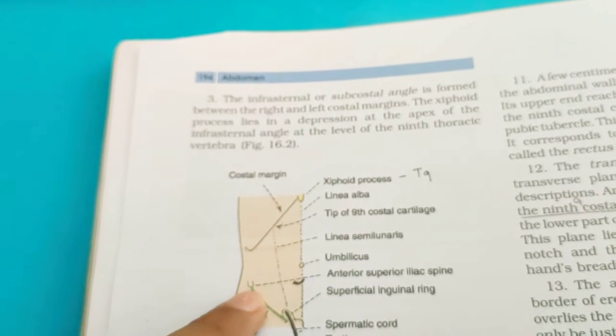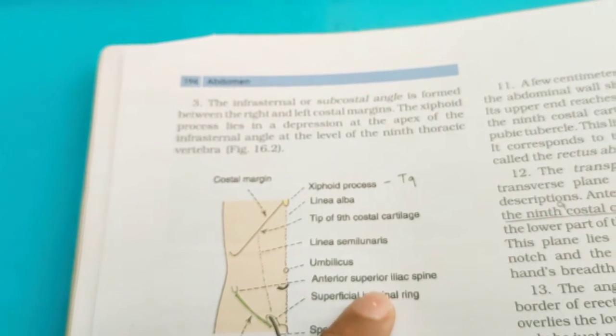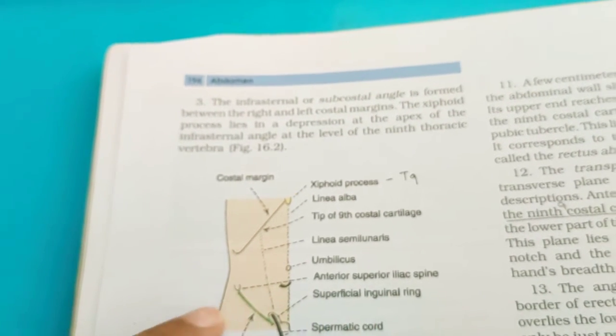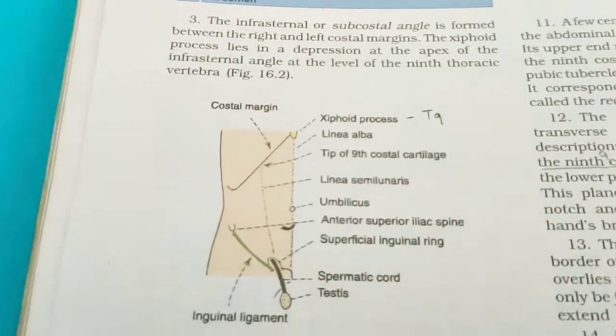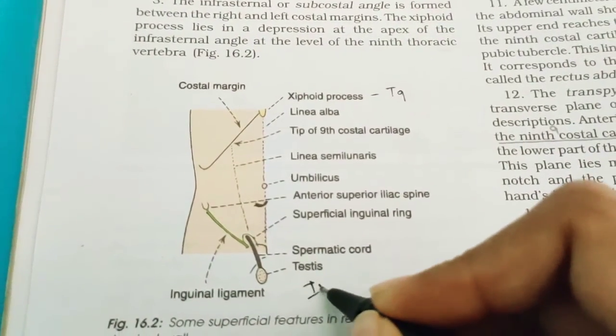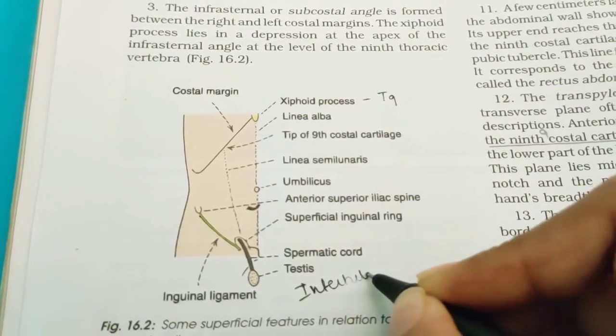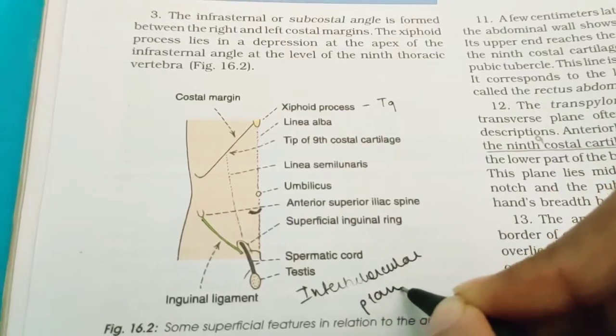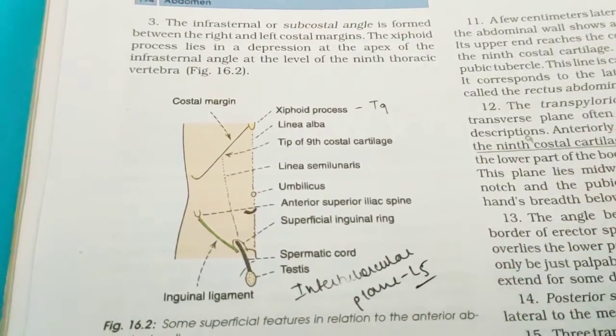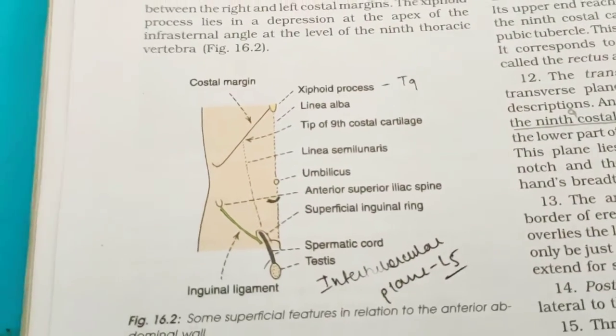As you have a tubercle on this side, the opposite side also has one. So if you join that line, it will form the intertubercular plane, and this passes through the 5th lumbar vertebra. So these are some important points which we need to remember. Intertubercular plane at the 5th lumbar vertebra. So this is one of the landmarks of abdomen.